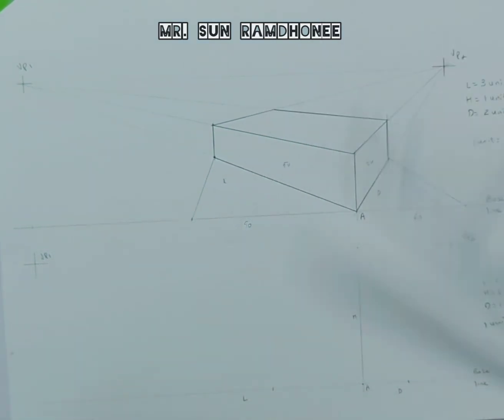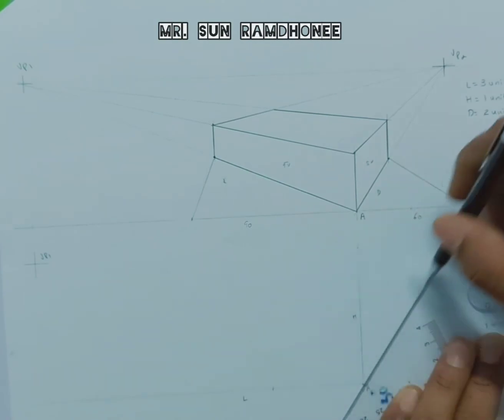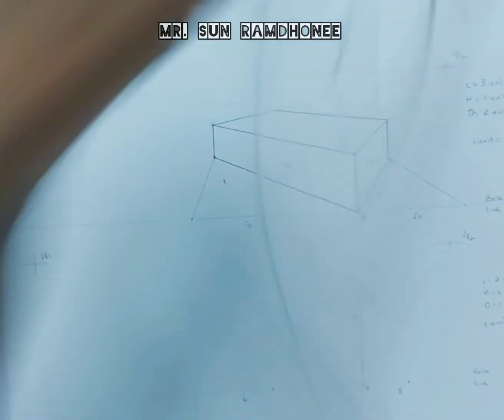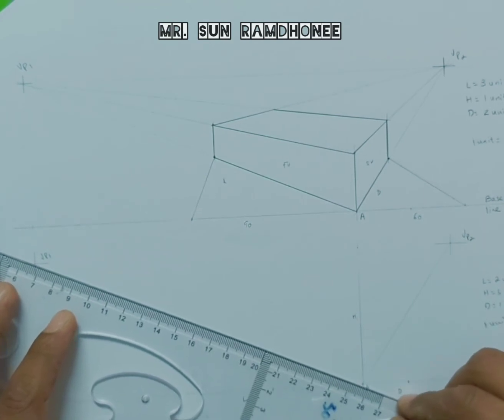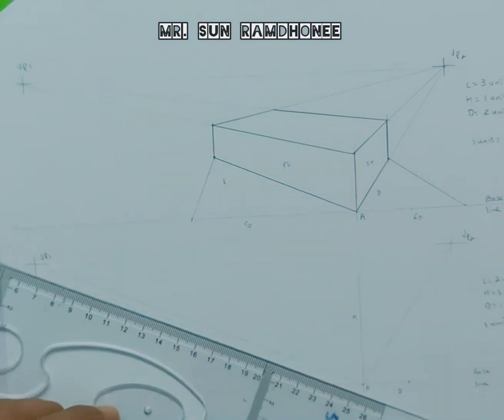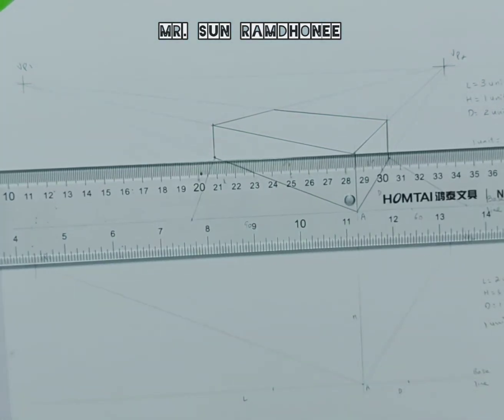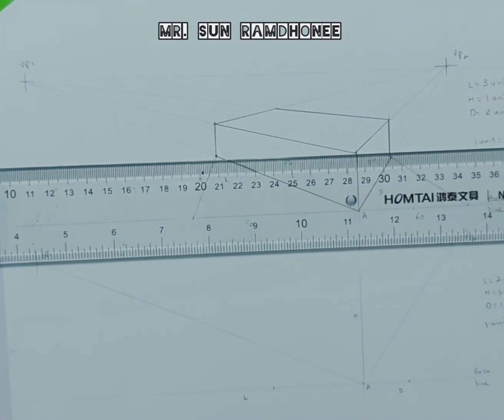We are going to draw this line up here, this line also. The height line is on the vanishing point, so we are going to draw the line here.